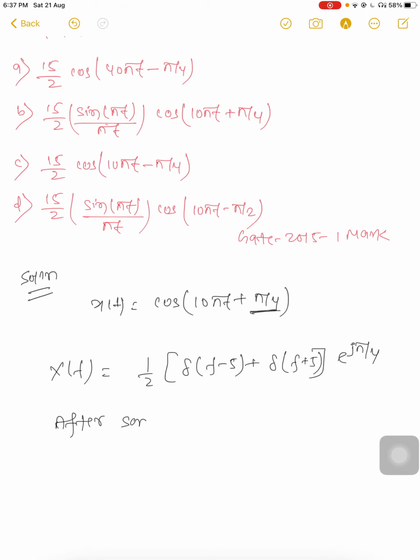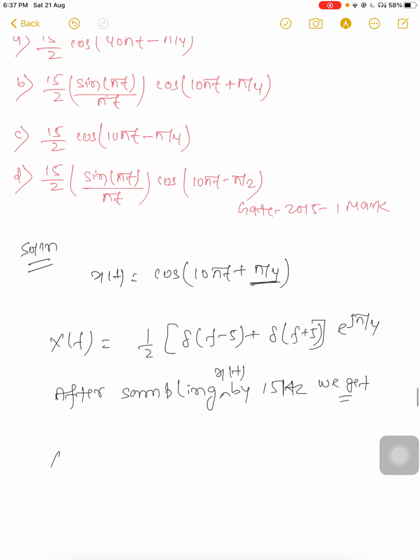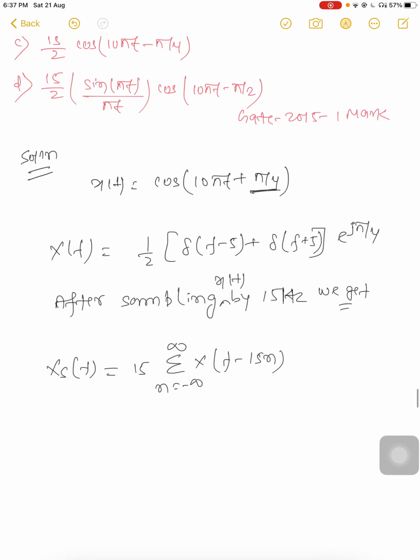Okay, after sampling x(t) by 15 hertz, we get the sum from minus infinity to infinity of X(f) shifted by multiples of 15.